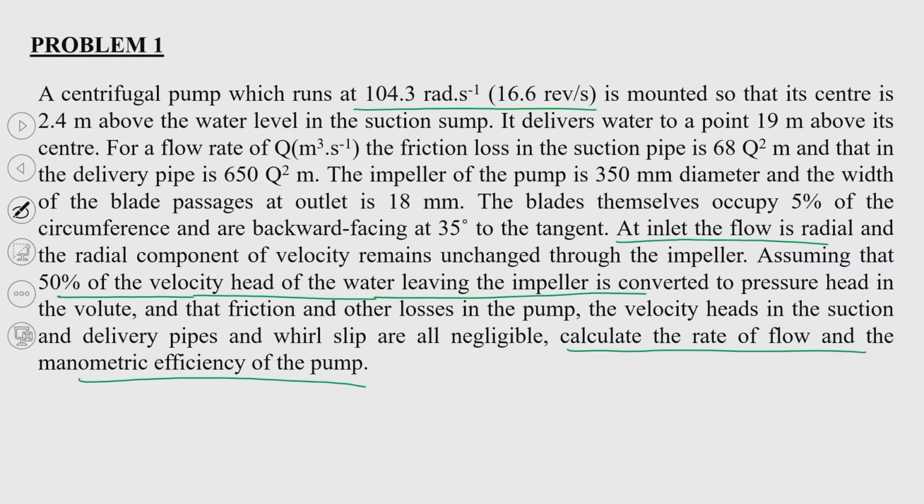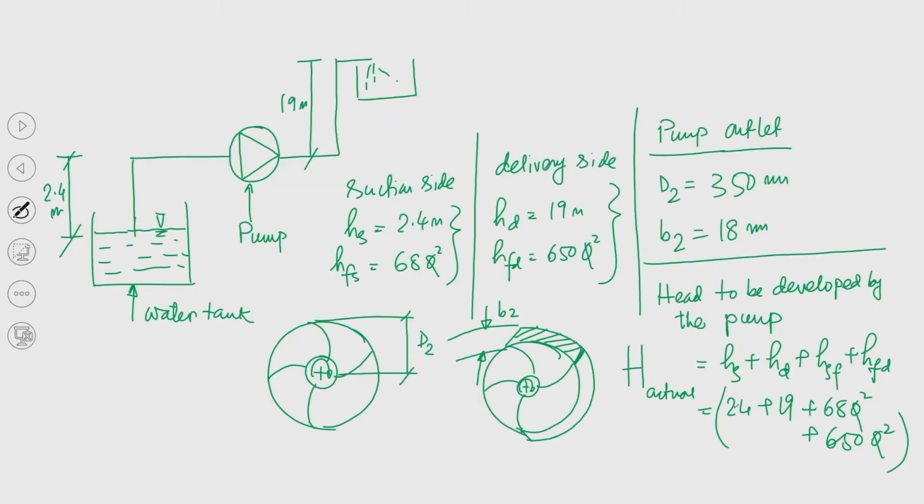Can we quickly calculate the tangential velocity at outlet, u2, equal to, we know that, pi d2 n.